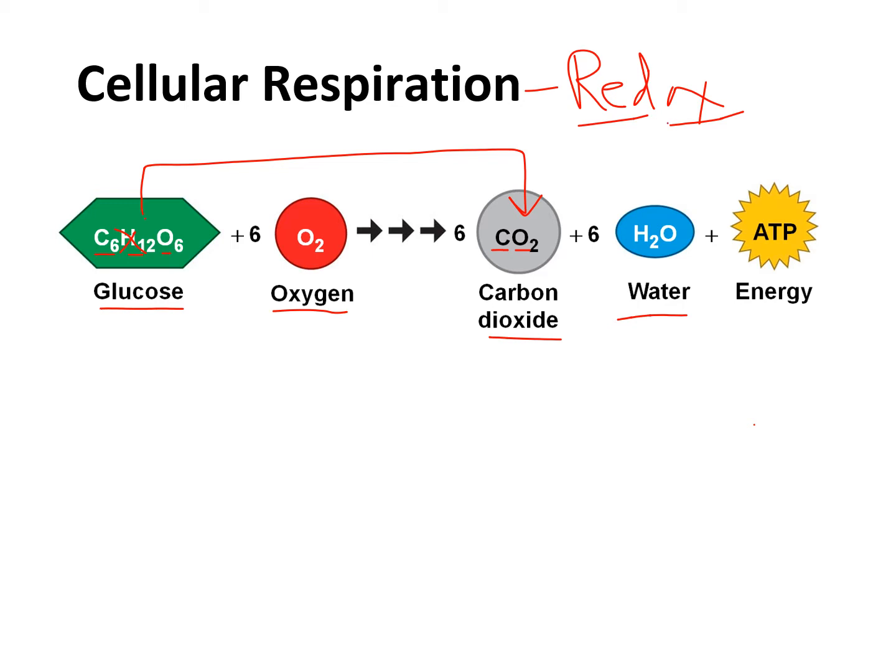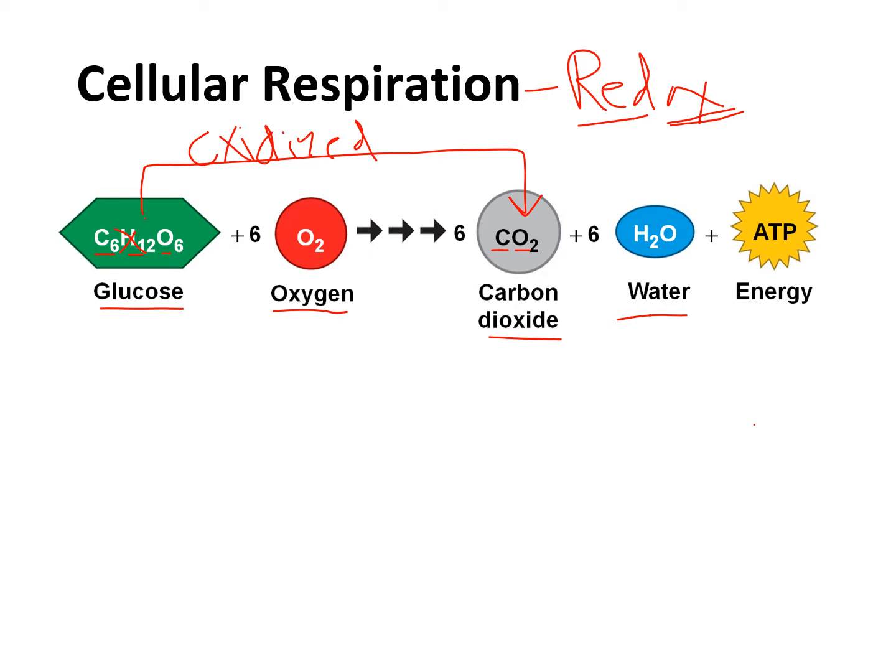Oxidation is the type of reaction which involves the loss of hydrogen atoms, the loss of electrons, and the loss of energy. So during cellular respiration, glucose is going to be oxidized into carbon dioxide.